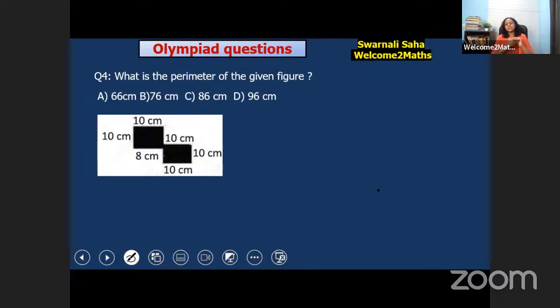Yes, very good. 160 centimeter square. Now, what is the perimeter of this given figure that you have to find out?